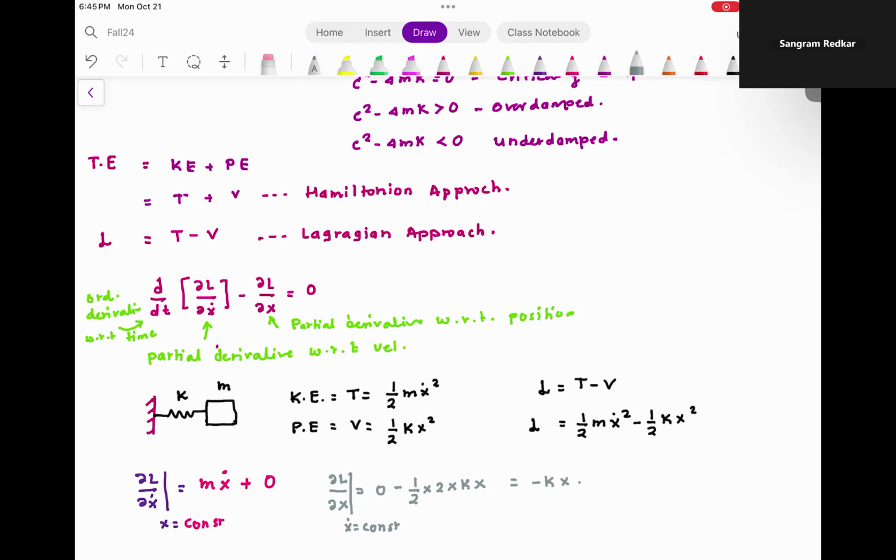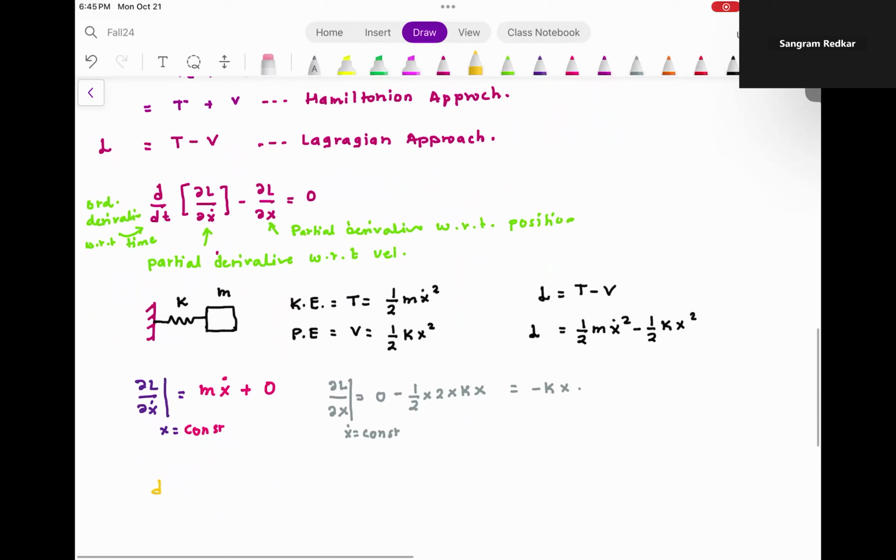Now look at the Lagrangian equation. Lagrangian equation is d by dt of partial L by partial x dot, which is m x dot, minus partial L by partial x, which is minus k times x, and is equal to 0.